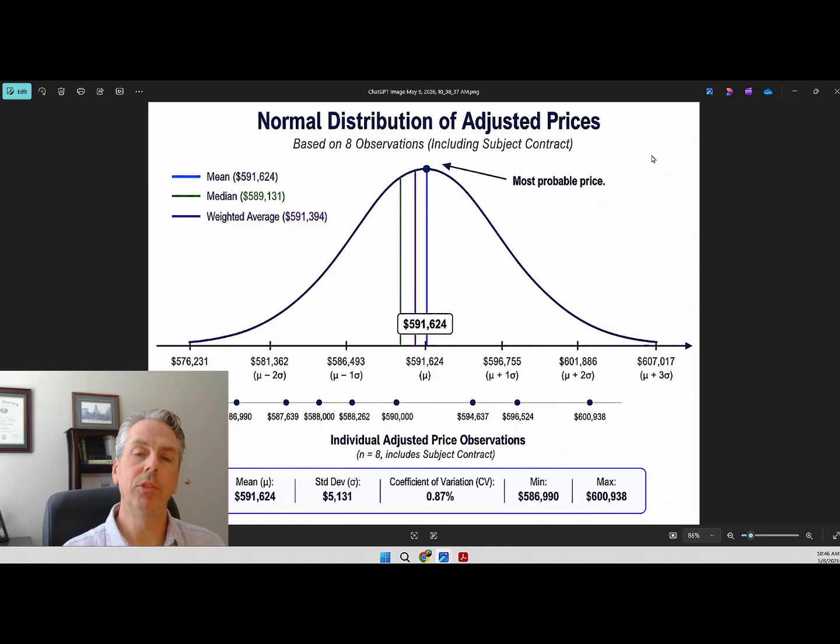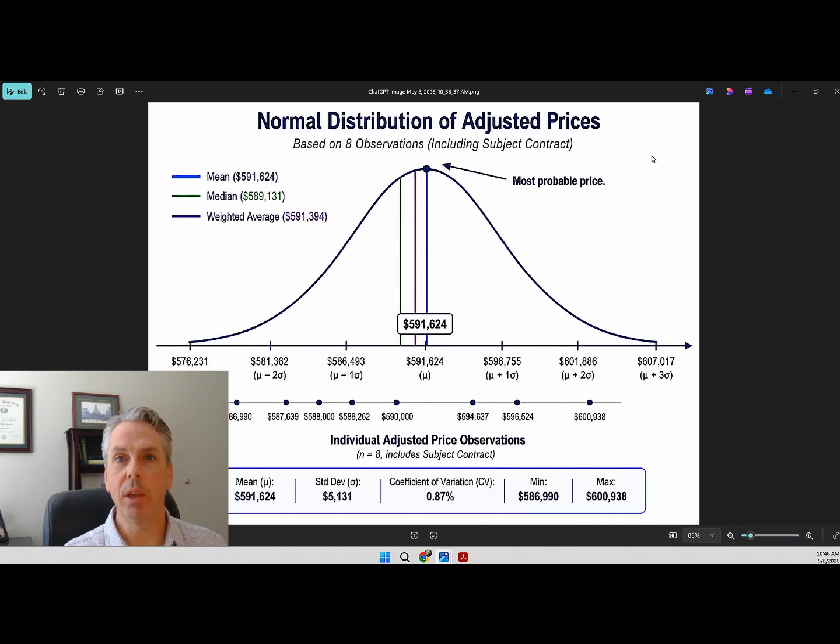This is what the reconciliation needs to look like for properties that have already been adjusted. So again, that's the whole point of quantitative analysis, is to take properties that differ and make them equivalent. And so when we talk about what are we weighting then, most or least, it really shouldn't have anything to do with physical characteristics at that point.